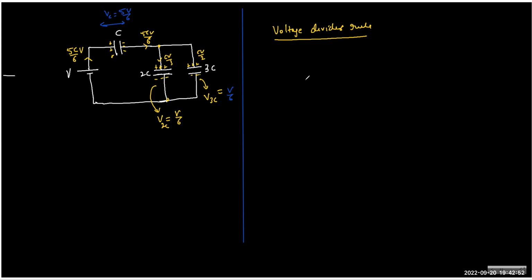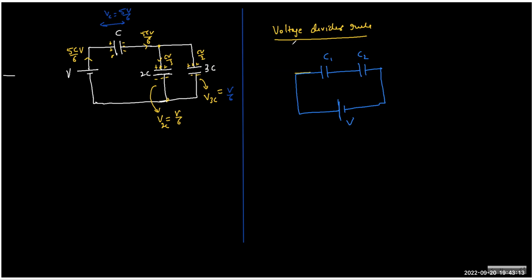We apply this rule for only two capacitors in series combination. Imagine we have a battery. The total potential difference across both capacitors will be equal to V, isn't it?